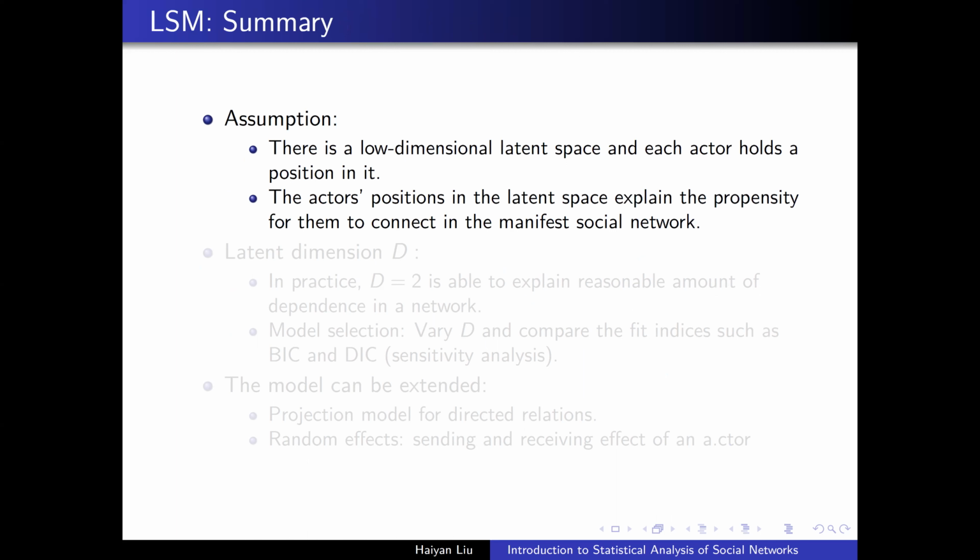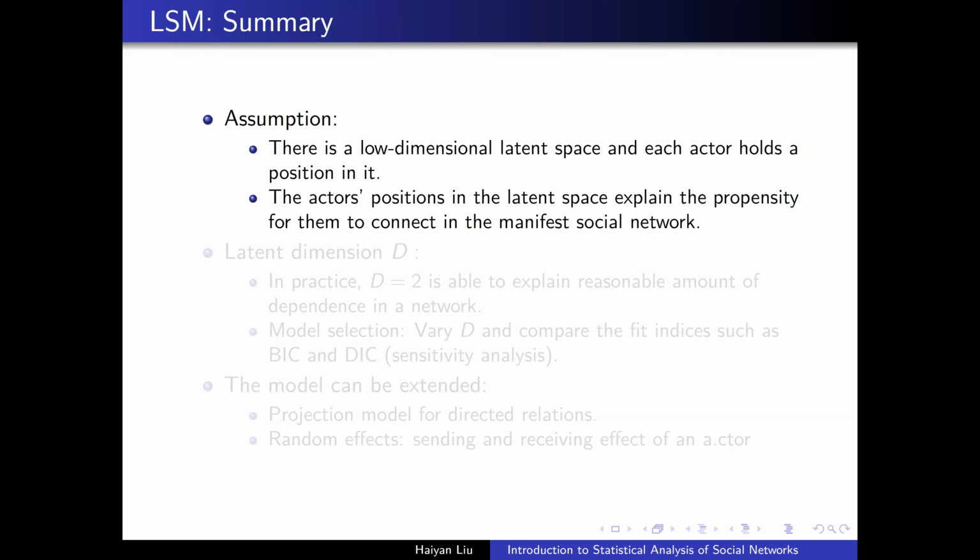We just fit the latent space model with and without covariate. Now, what are the model assumptions, and in which situations could we fit a latent space model? By fitting a latent space model, you assume that there is a low-dimensional latent space, and each actor holds a position in it. Second, the actors' positions in the latent space explain their propensity to connect in the manifest social network.